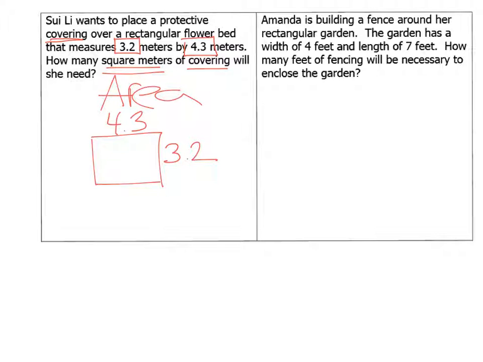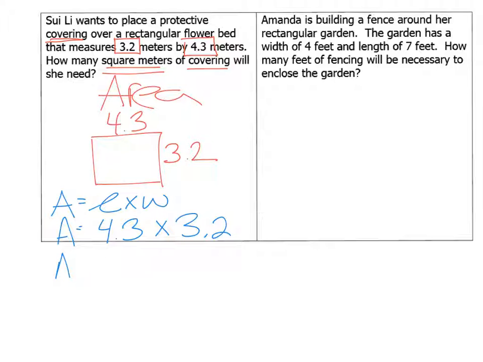If I go back to my formula sheet, I can see that area is equal to length times width. So area is going to equal 4 3/10 times 3 2/10. When I actually pull out my calculator, because you can use a calculator for this section, I'm going to type in 4 3/10 and then multiply it by 3 2/10.